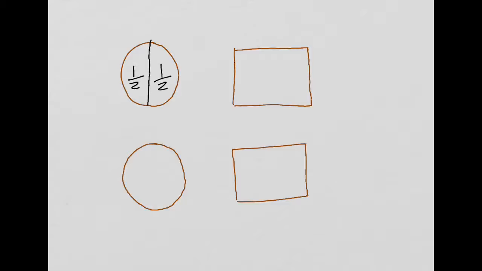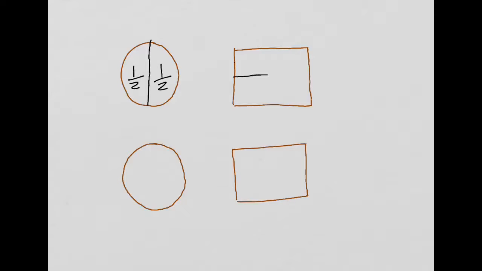I could also divide it from corner to corner. Does that make two equal pieces? Is this piece the same size as this piece? It might be a little tricky looking because the pieces are a little bit different looking from each other, but they are exactly the same.